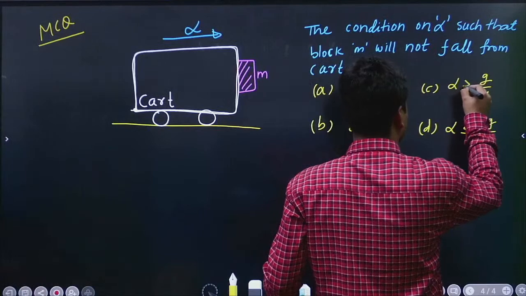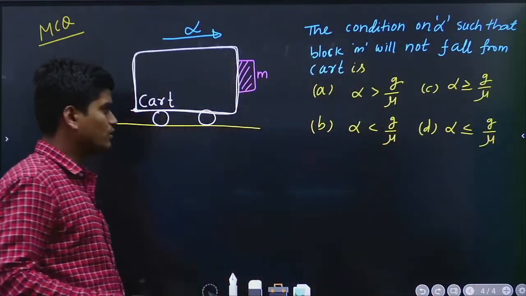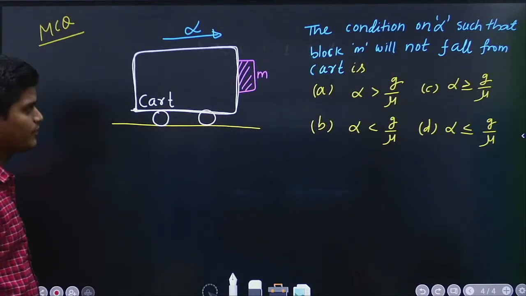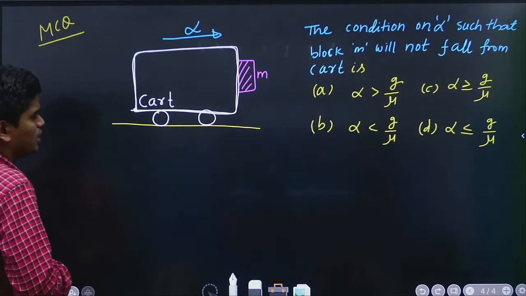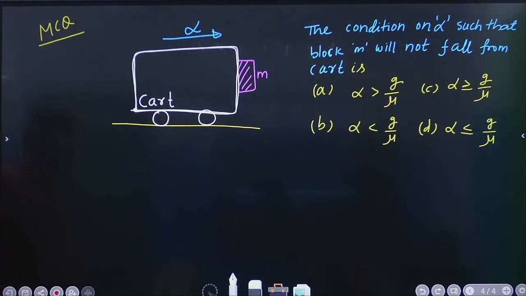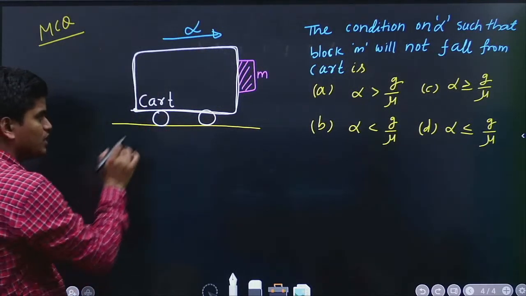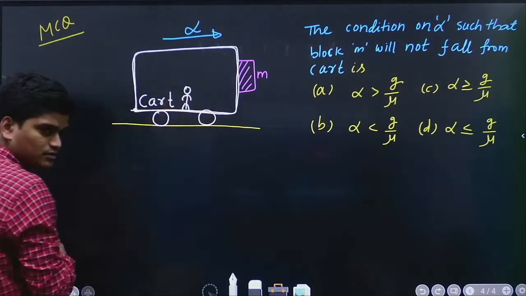Now see here, whatever Newton's laws we did, we did in terms of the inertial frame of reference, and friction also used. Here, listen. Suppose this object is moving with acceleration alpha, and here one observer is there.